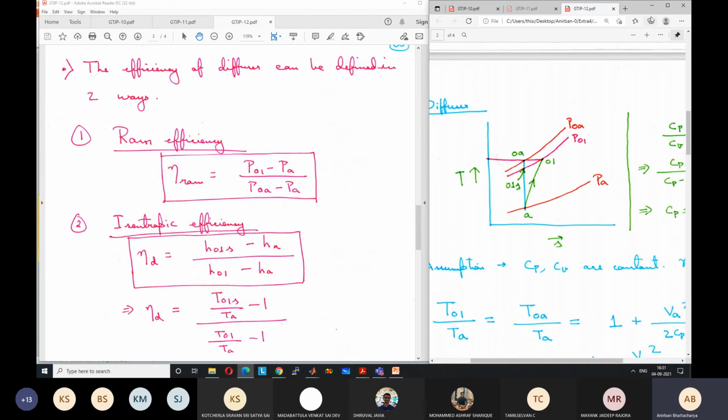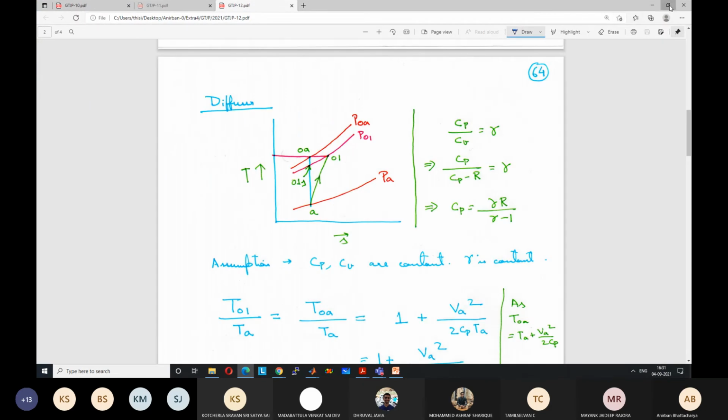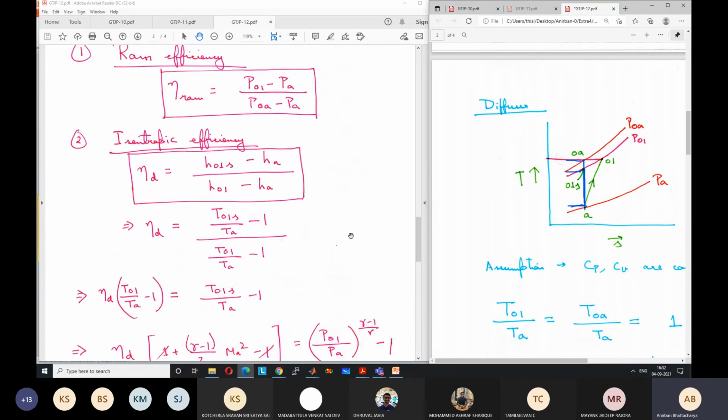Basically it is equal to the length of this line by the length of this line. So T01s minus TA by T01 minus TA, because T0A is equal to T01, this is also equal to T0A minus TA.